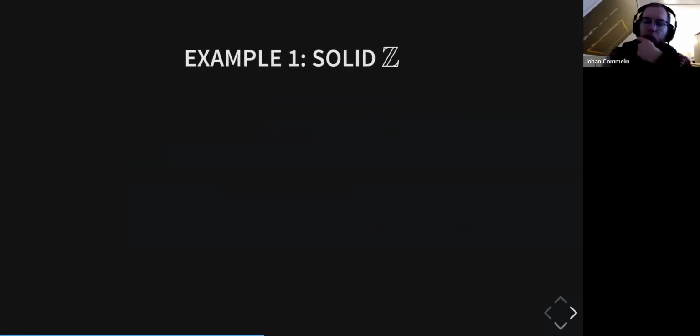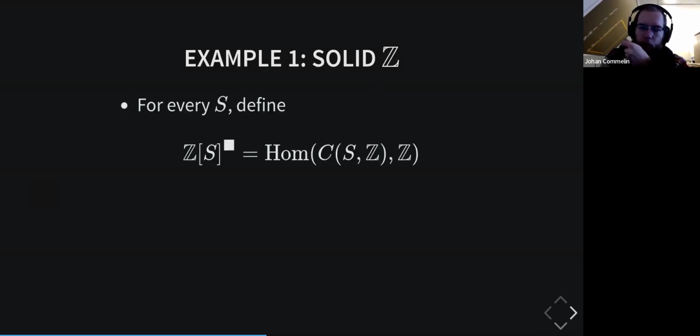So the next example is that of the solid analytic ring structure on the integers. What we do here is we define Z adjoint S solid as a space of integer valued measures.